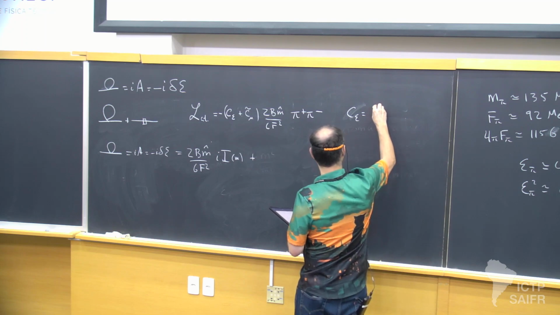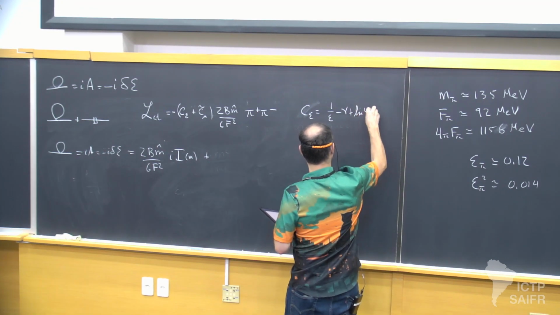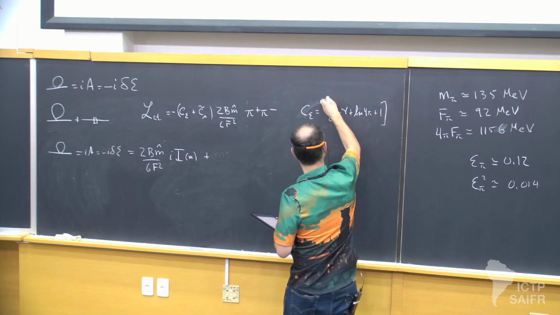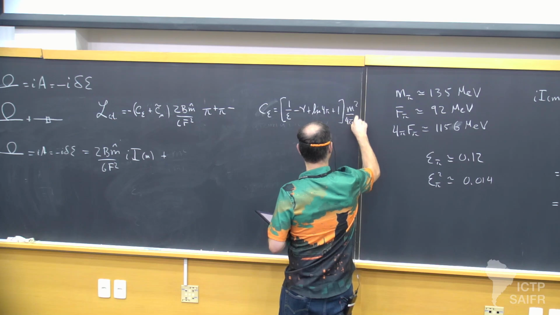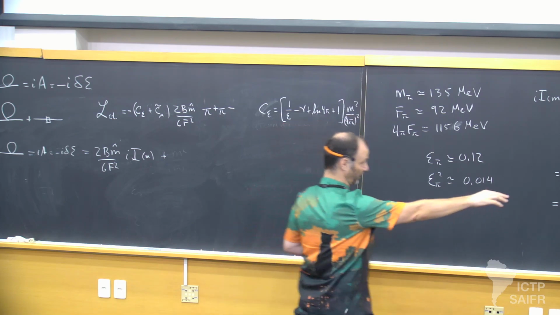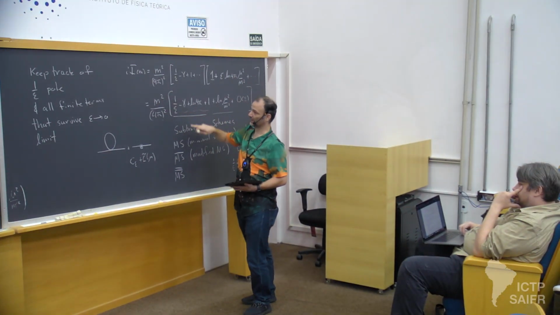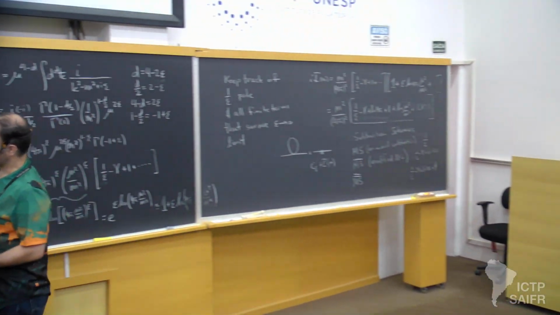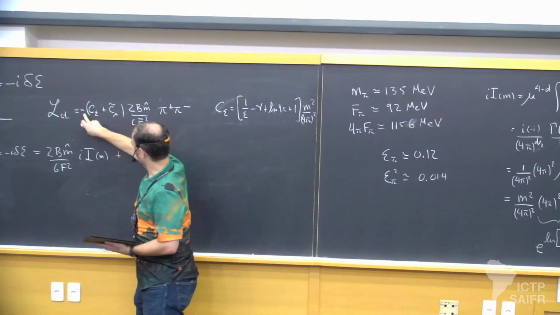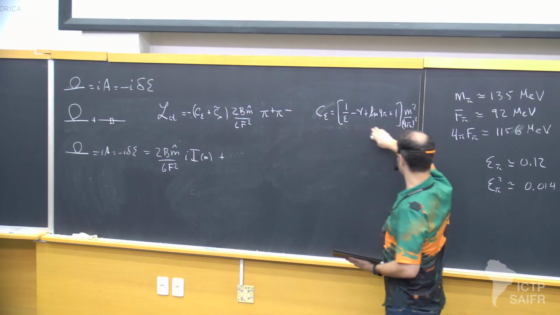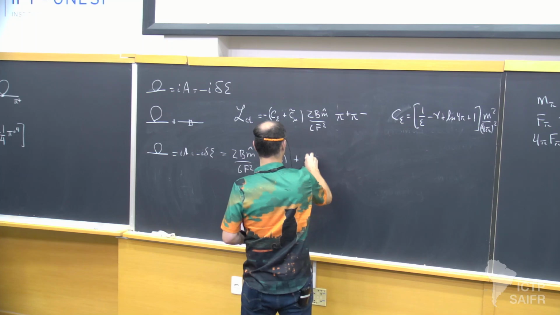So C epsilon will be 1 over epsilon minus gamma plus log 4 pi plus 1, and then it has to multiply m squared over 4 pi squared, because my loop integral has m squared over 4 pi squared times 1 over epsilon. So you can see I have a plus from that, and then the C epsilon operator comes with a minus sign, so the 1 over epsilon terms exactly cancel. But then there's this leftover C of mu part.